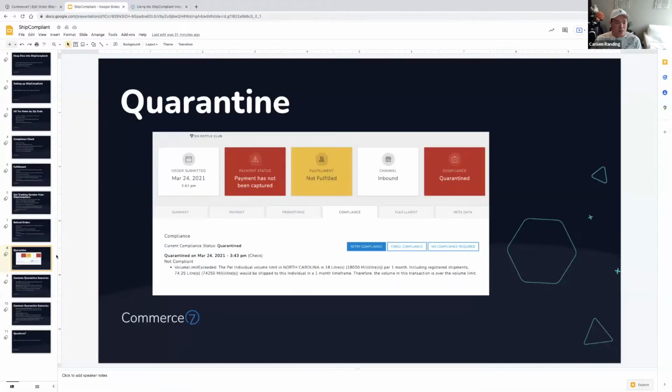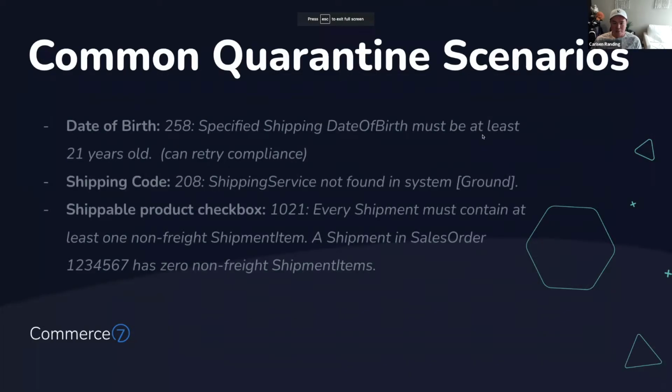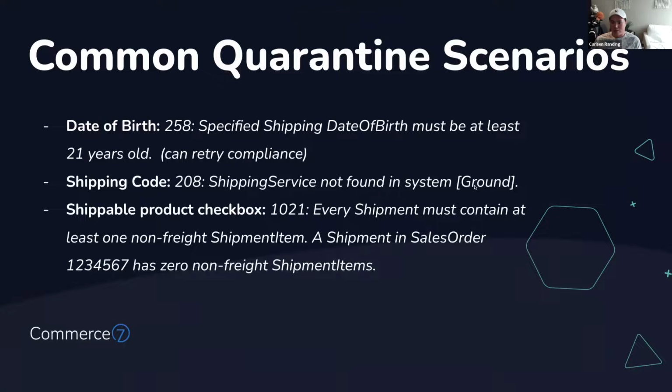In this example, the shipping code used is GROUND, G-O-R-O-U-N-D, which is not an acceptable shipping type code according to ShipCompliant. So it throws back this compliance error.